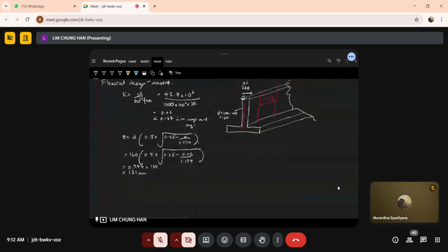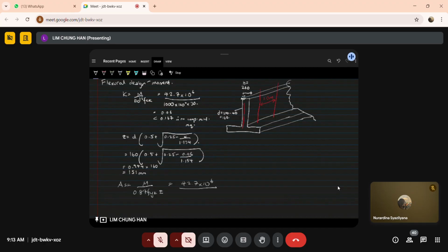So my Z is 151 millimeter. So the area required is M divided by 0.87 FYK Z, with M as 42.7 times 10 to the power 6.